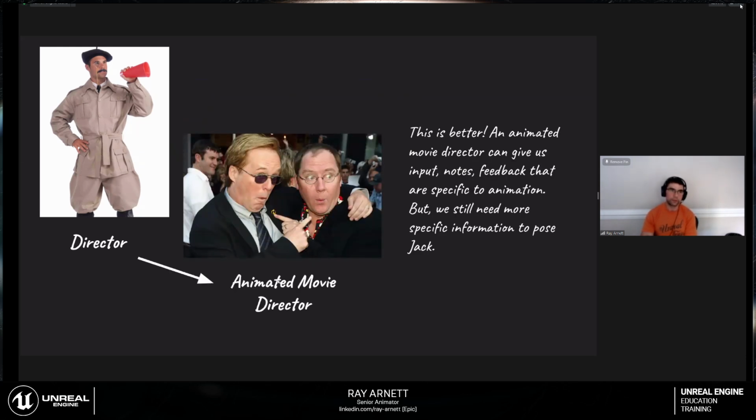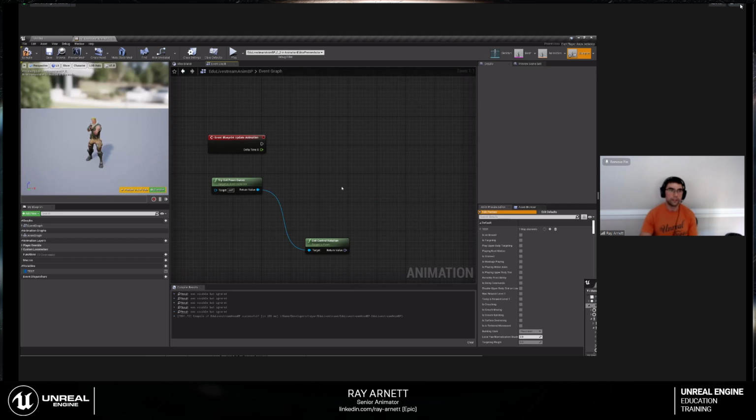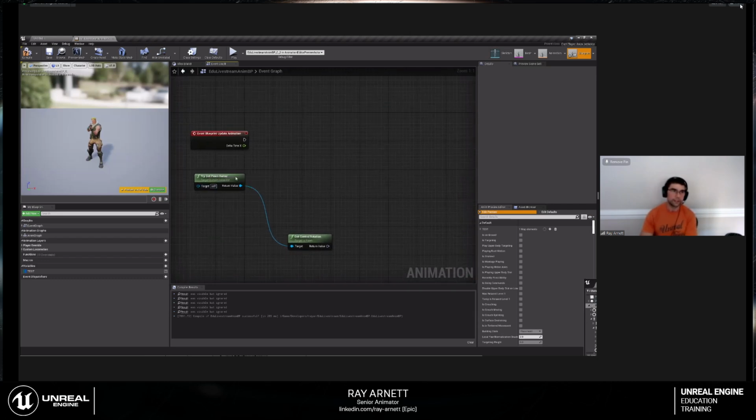So we'll say, well, can we get an animated movie director? And they can give us better notes than a generic director. They might say the performance is flat and the arms are twinned. These guys know a little bit about animation, but it's still not enough to really know what our pose is.